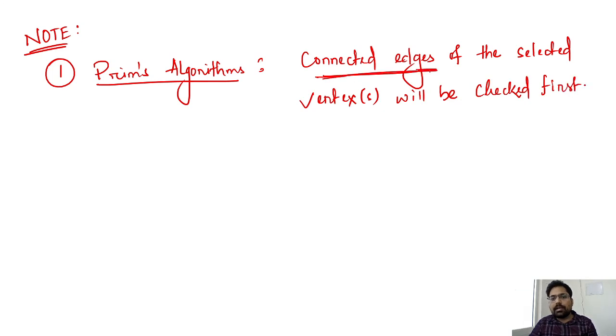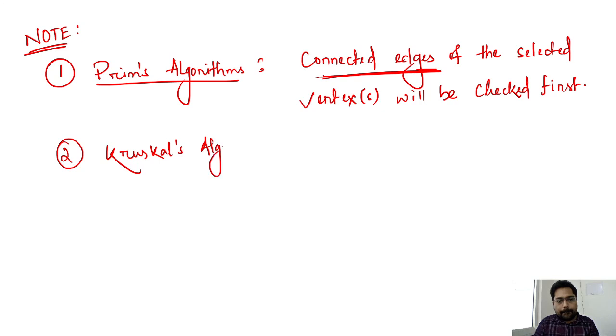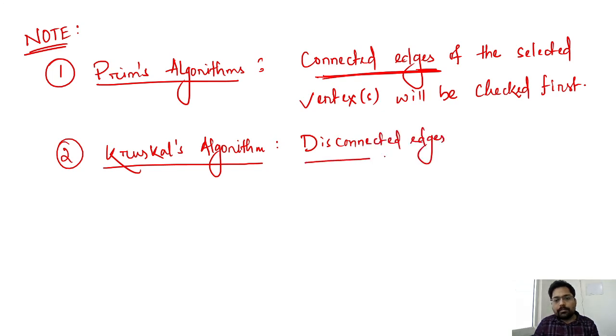So connected edges only. Here in Kruskal there is no connected, or you can say disconnected edges. We are performing the work on disconnected edges, but in increasing order.